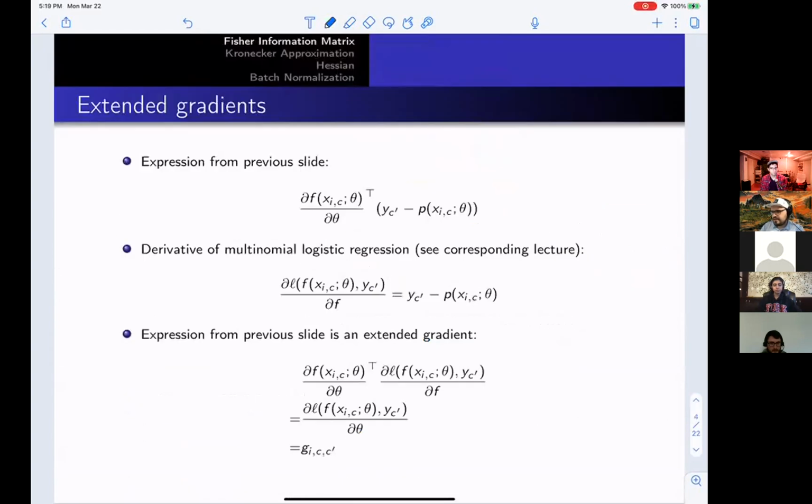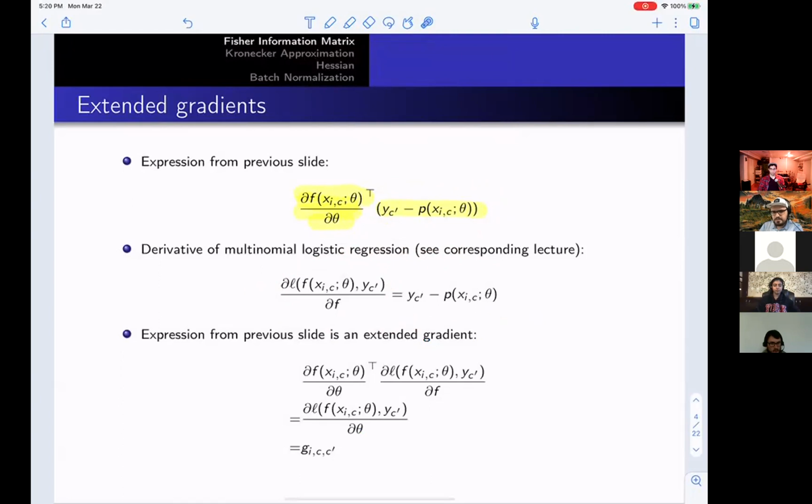So here's, again, what I just highlighted in the previous slide. I'm just going to multiply them. Now, notice that the Y_{c'} minus P is actually just the derivative of a multinomial logistic regression loss. So it's just the derivative of the loss with respect to the output of the network, with respect to the logits. Does anyone recognize this from somewhere?